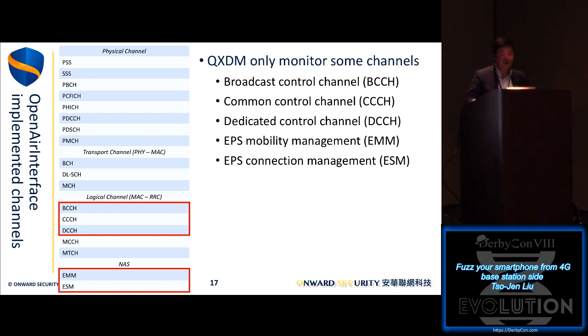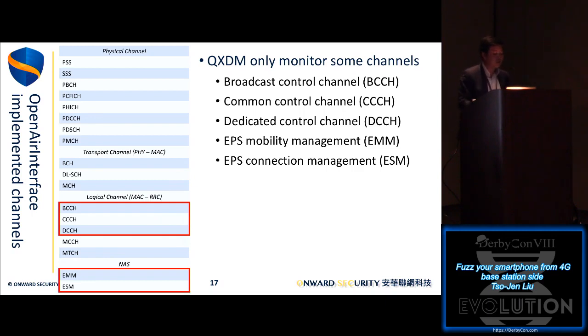If you do the fuzzing on other channels that QXDM does not support, we may not be able to find what kind of method or data causes the cell phone to crash. So in this research, we only do fuzz testing on these channels.